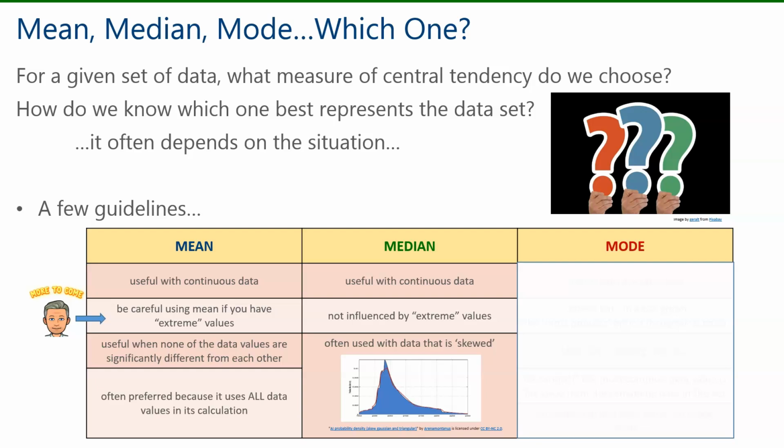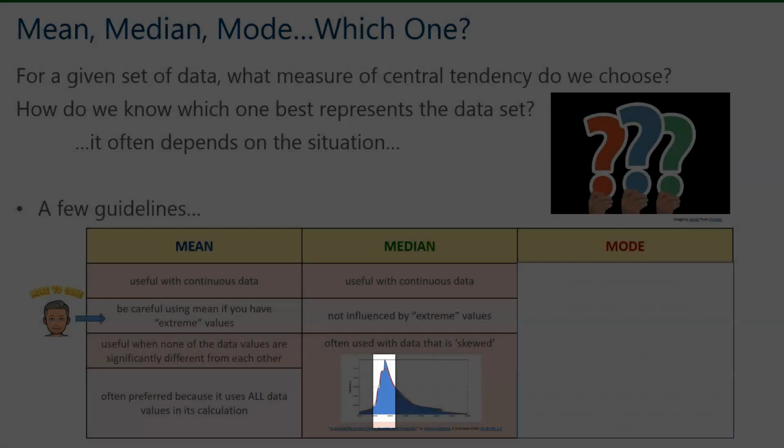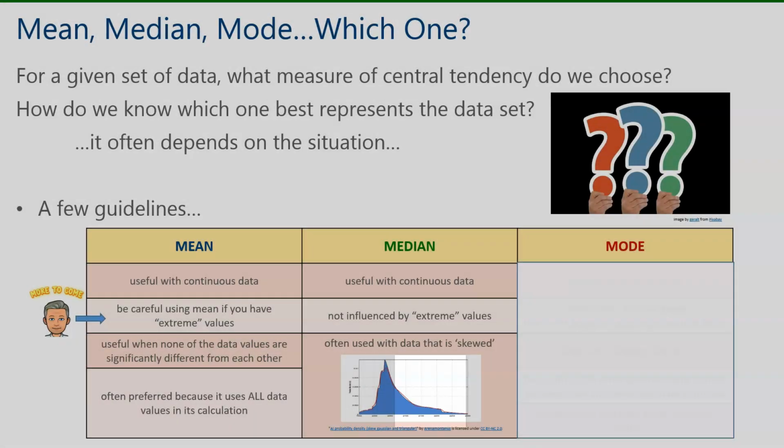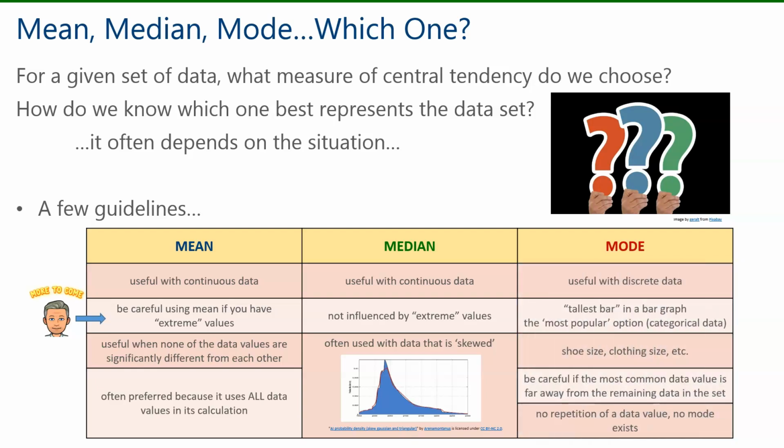The idea of the data being skewed is that in this graph, for instance, there would be more smaller data values compared to middle or larger values. If our graph was skewed to the right, there would be more larger data values compared to smaller or those found in the middle.